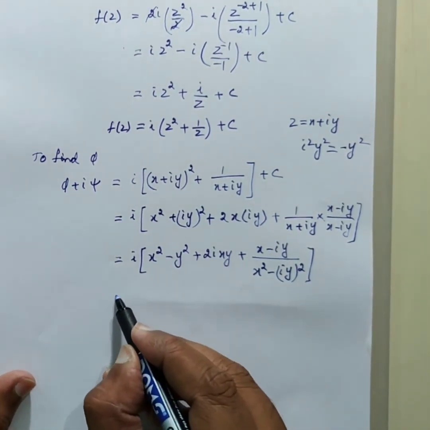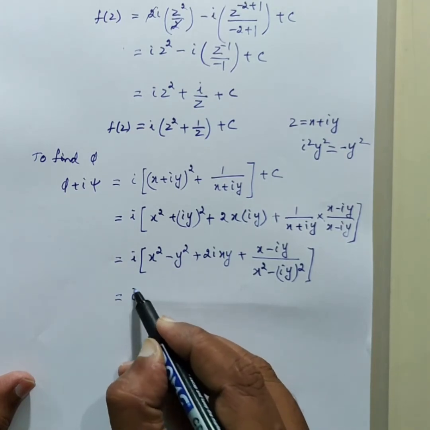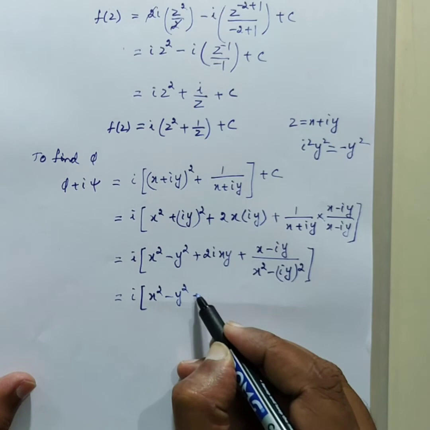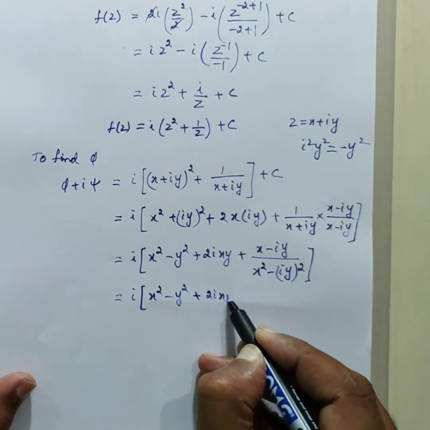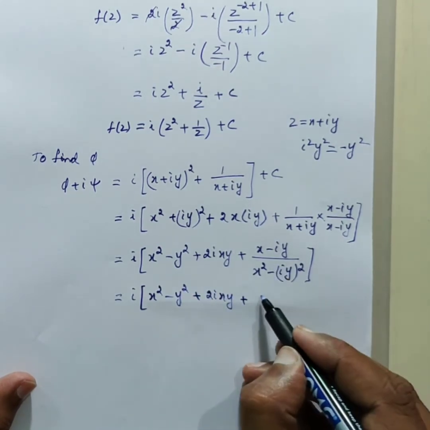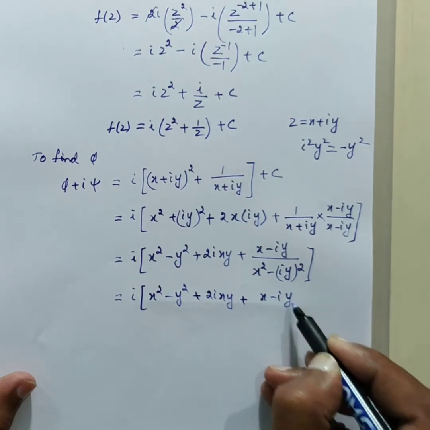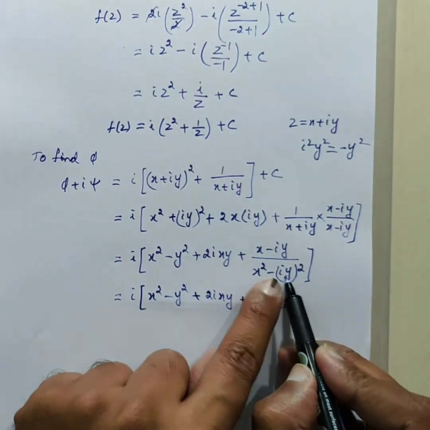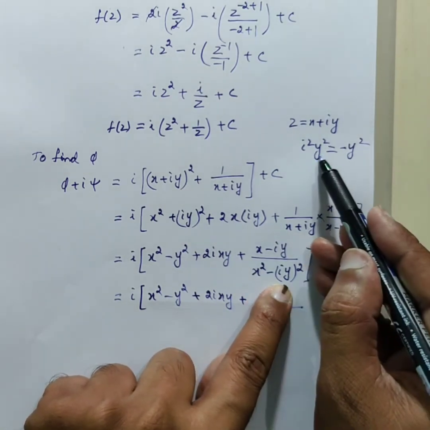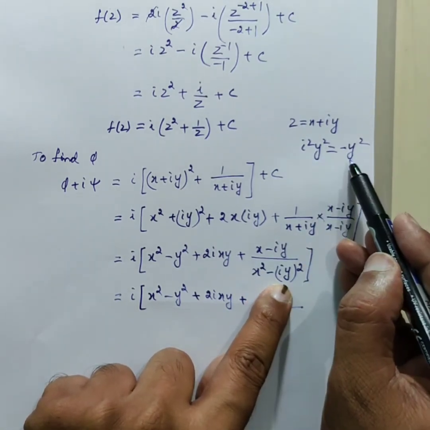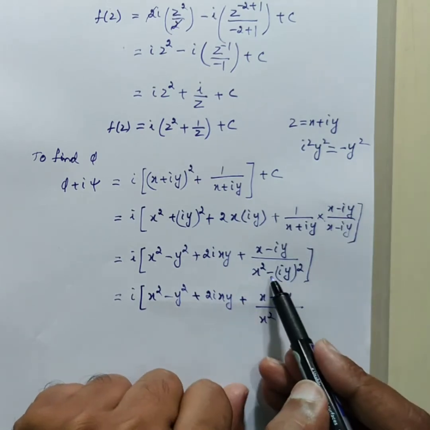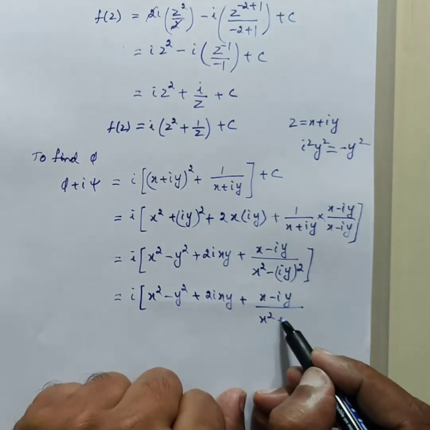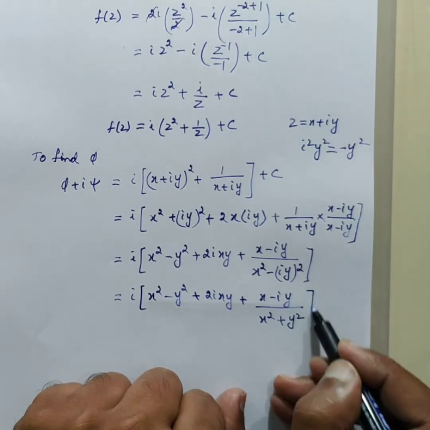So further you can simplify this one, i into x square minus y square plus 2ixy, plus x minus iy divided by x square. So once again iy whole square will become i square y square, which will be minus y square. So that minus multiplied by this minus will become plus y square.